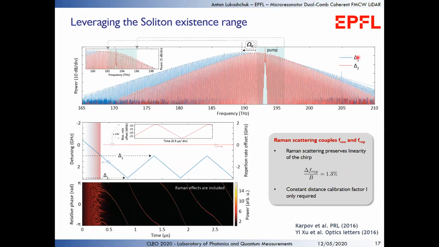If you look at those two extremes of the detuning, this is how your frequency comb looks at those two extremes. According to previous works, we know that there is a Raman self-frequency shift, which comes from the interaction of light with the vibrational modes of the media. This means that even though we don't want it, we will have a slight change in the repetition rate, because when you have a Raman self-frequency shift, you have a different group velocity.